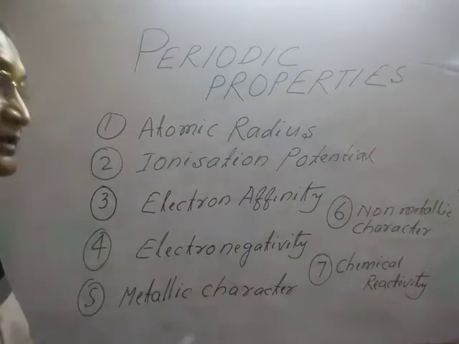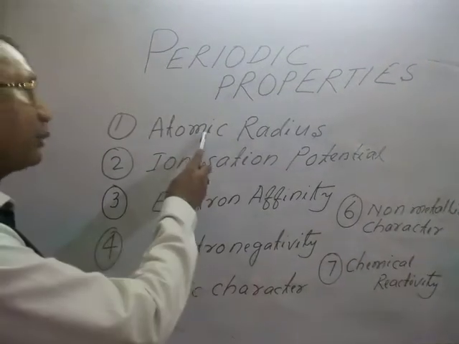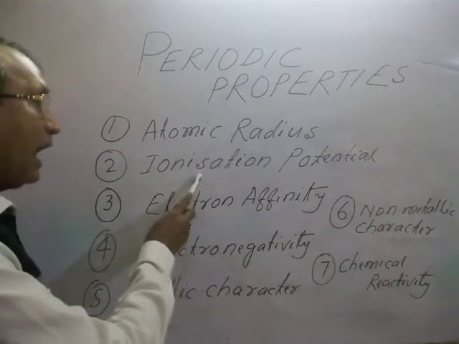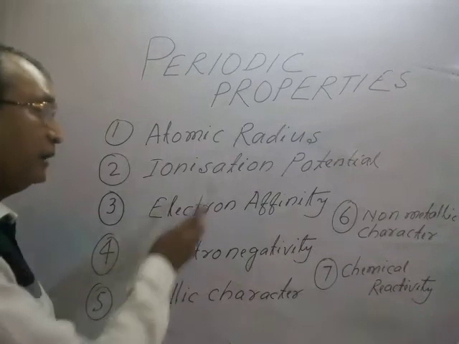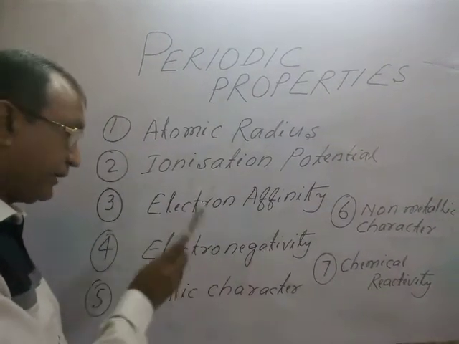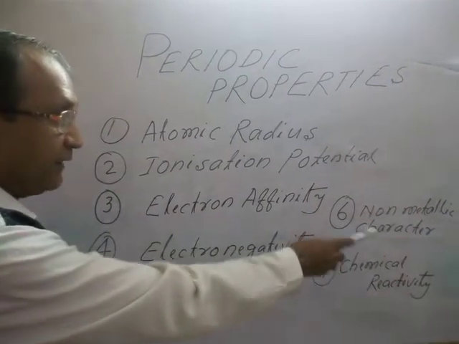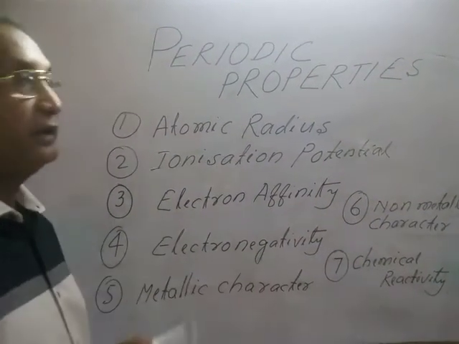There are 7 periodic properties: atomic radius, ionization potential, electron affinity, electronegativity, metallic character, non-metallic character, and chemical reactivity.